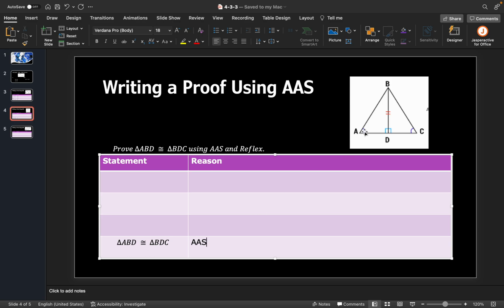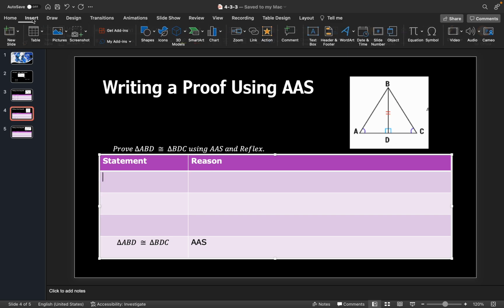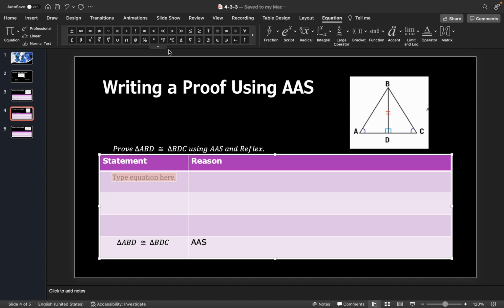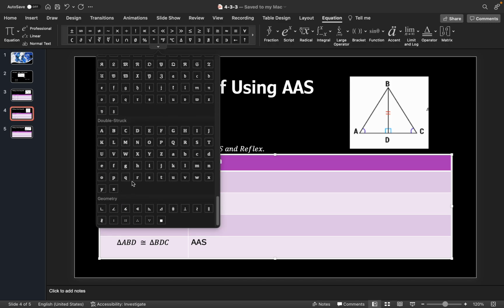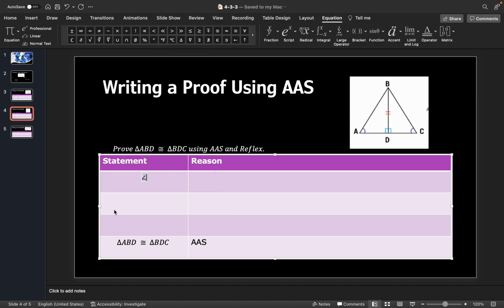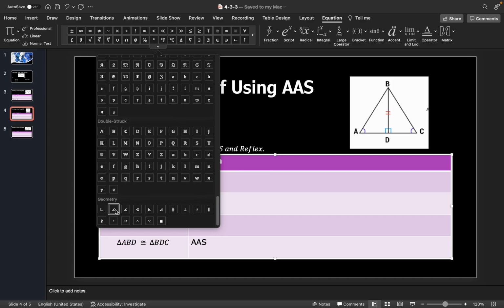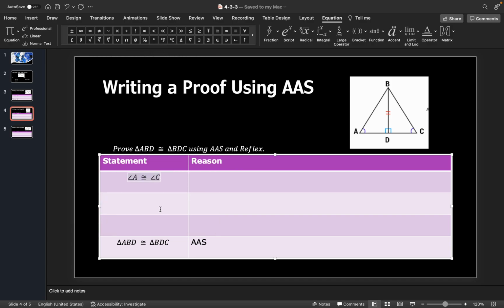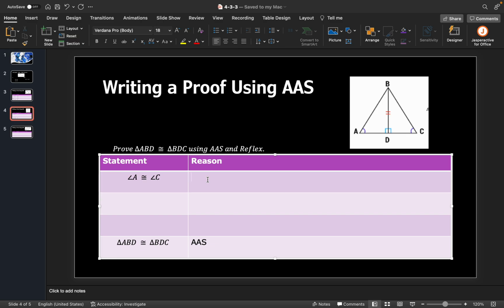So let's start out with angle A is congruent to angle C. I know this because it's given in the picture.